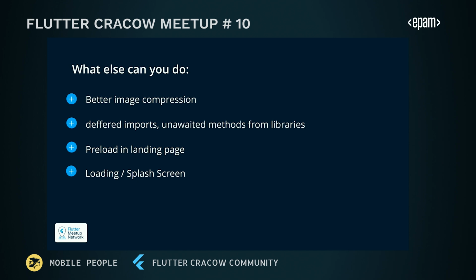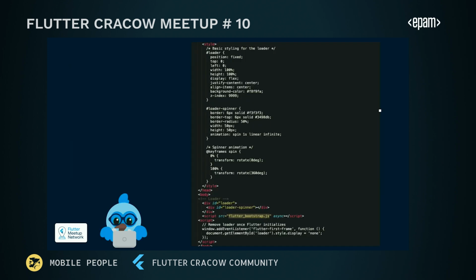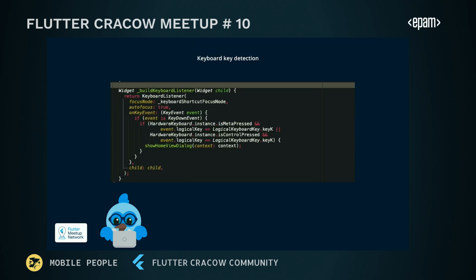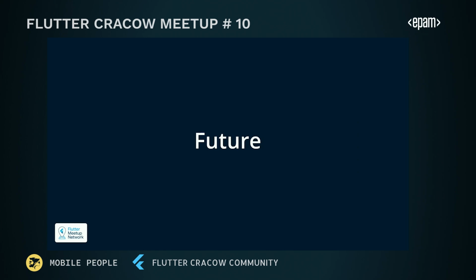And of course, you can make some small loading, some splash screen or some spinner in this index HTML, just to show and display this to the user when they enter your website. This is some slide, maybe not really that highly relevant, but on a different topic, that you can have a keyboard listener and listen to the keys that users are entering.